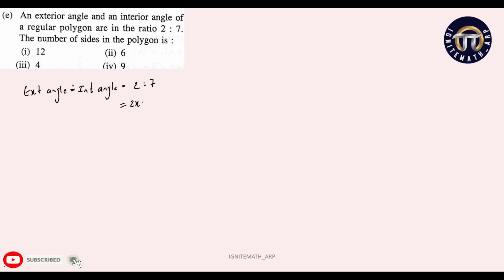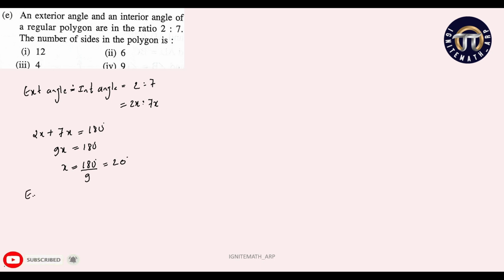That is equal to 2x is to 7x. So I can say that each interior angle plus each exterior angle is equal to 180 degree. So 2x plus 7x is equal to 180 degree. 9x is equal to 180 degree. x is equal to 180 degree divided by 9, that is equal to 20 degree.